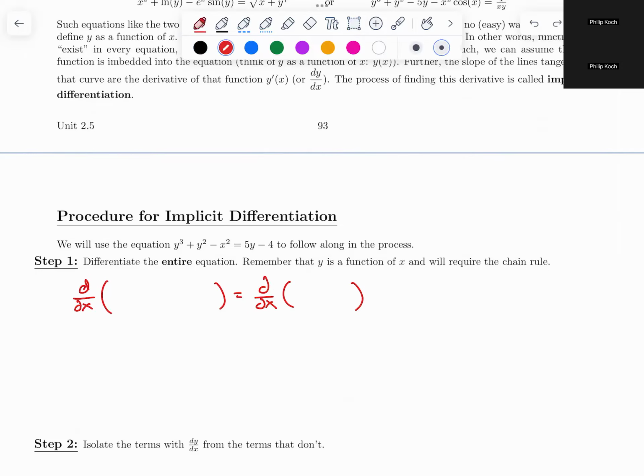We don't write natural log there because natural log is an operation on something and we read left to right. So d dx is an operation on something, so you can't put the d dx here. Is that clear? d dx is on something, just like a limit is on something. It's limit of blank. It's d dx of blank, not blank d dx. So it's d dx of both sides. This side has the y cubed plus y squared minus x squared, and it says 5y minus 4.